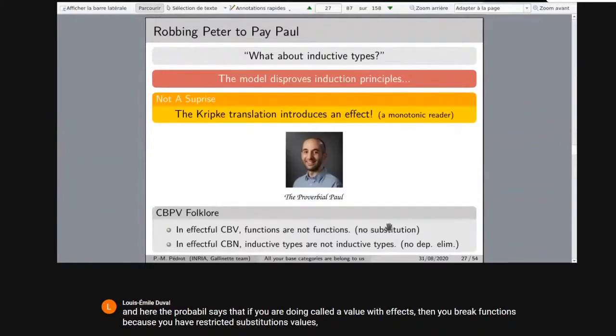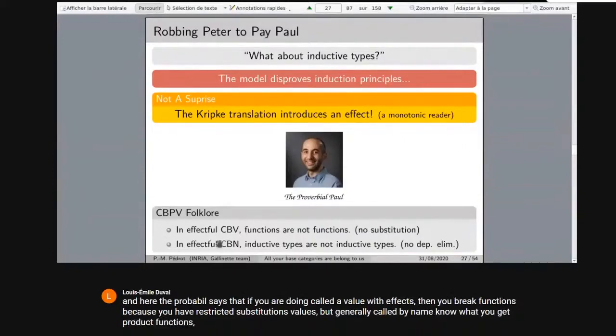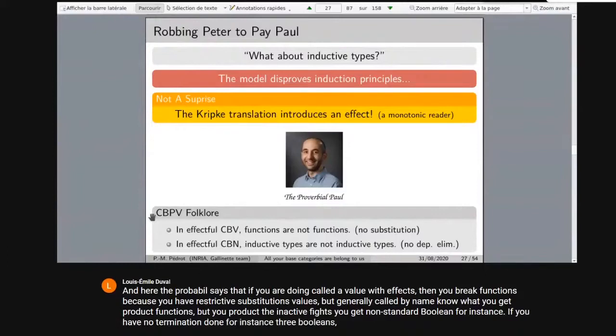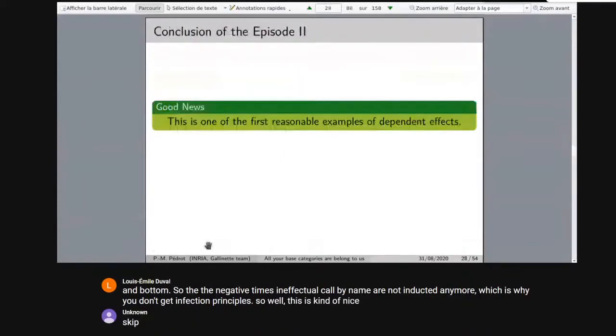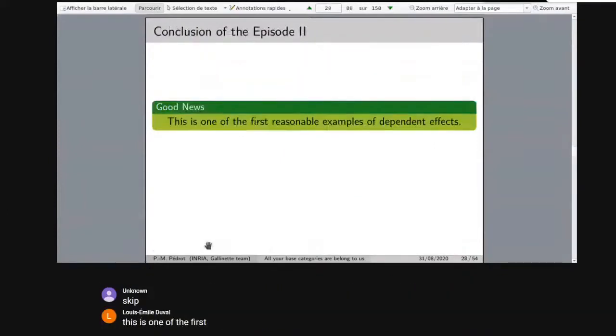But dually in call by name, now you get proper functions, but you broke the inductive types. You get non-standard Booleans, for instance. If you have non-termination, there are, for instance, three Booleans: true, false, and bottom. So the inductive types in effectful call by name are not inductive anymore, which is why you don't get induction principles. So, well, this is kind of nice because this is one of the first reasonable examples of dependent effects.